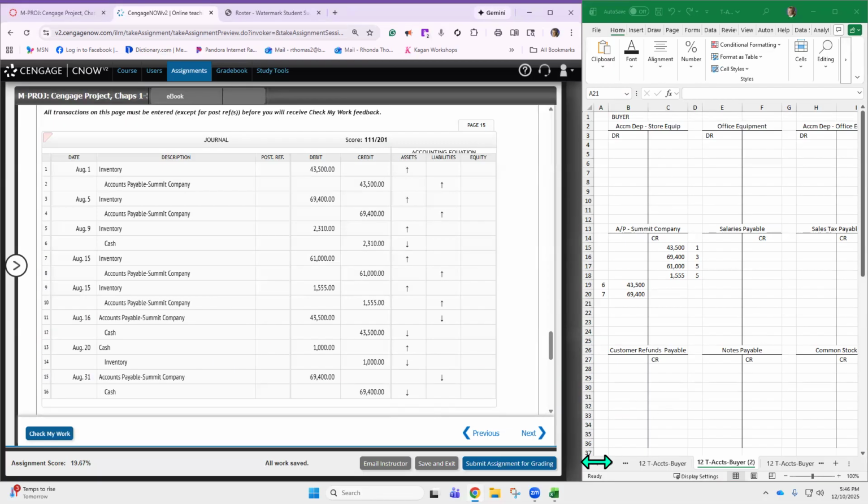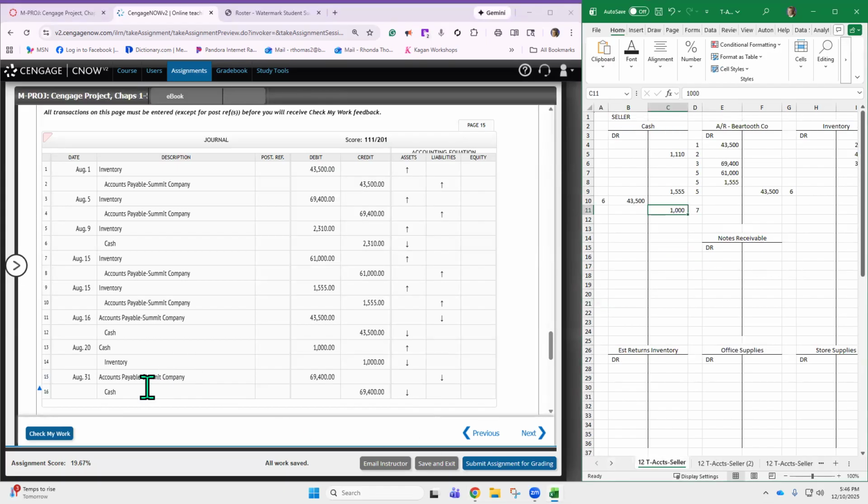But now let's go to the seller's point of view for this payment that the buyer is making, right? So here comes cash. So this is inventory. So this is the seller's point of view, $69,400. And we make accounts receivable go down $69,400 because they're paying us that.